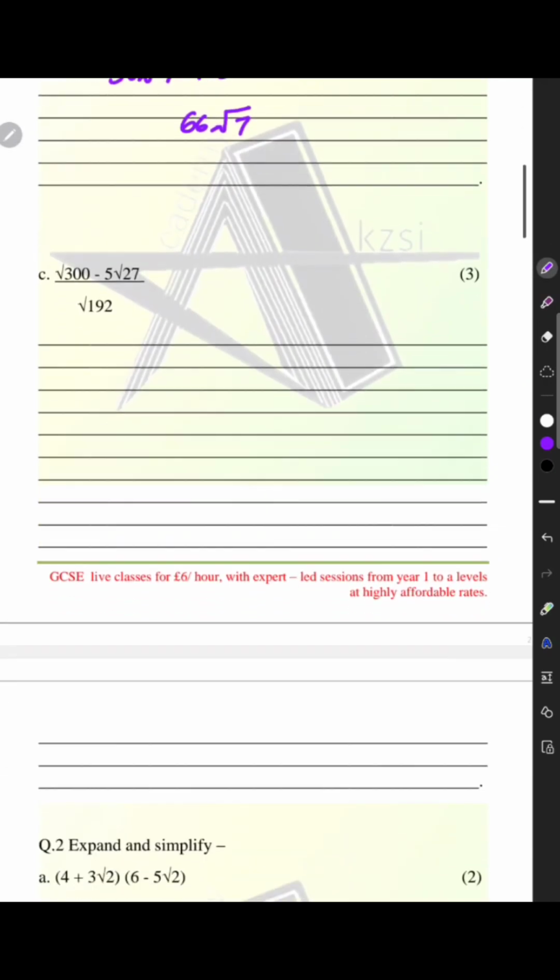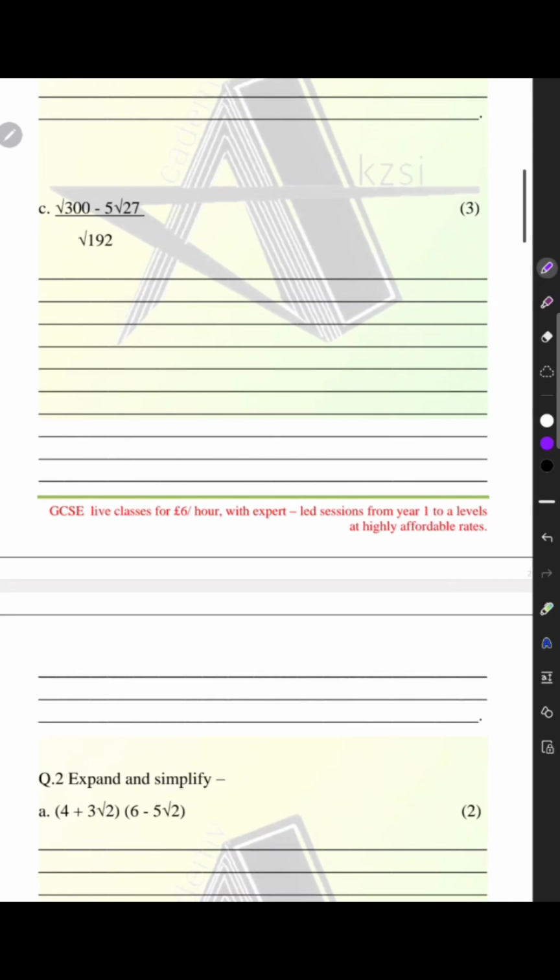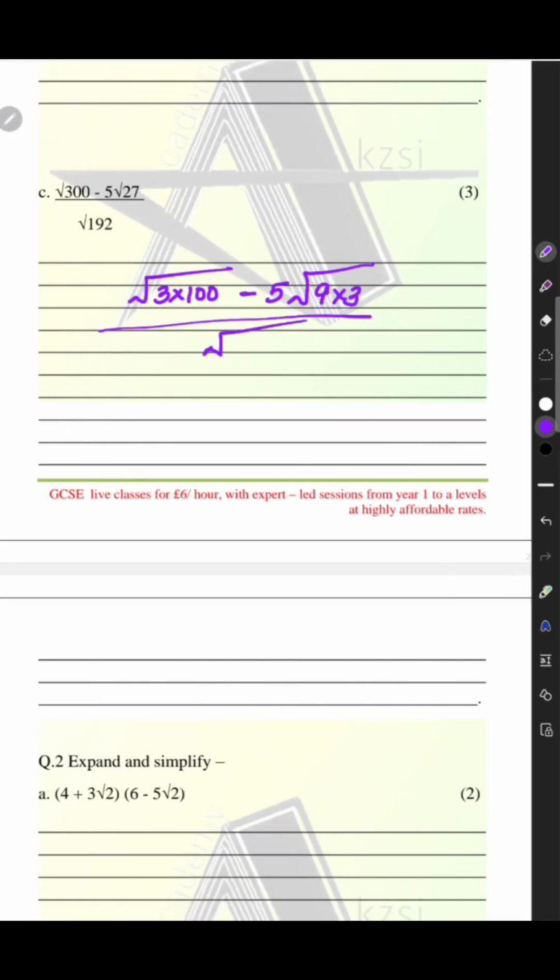Moving on to part C, we still have to do the same thing, that means we have to simplify. So root 300 can be written as root 3 times 100 minus 5 root 27, and 27 can be written as 9 times 3. And root 192 can be written as root 16 times 12, and further, 12 can be written as 4 times 3.